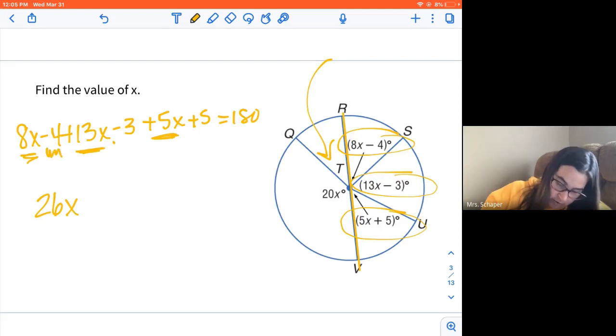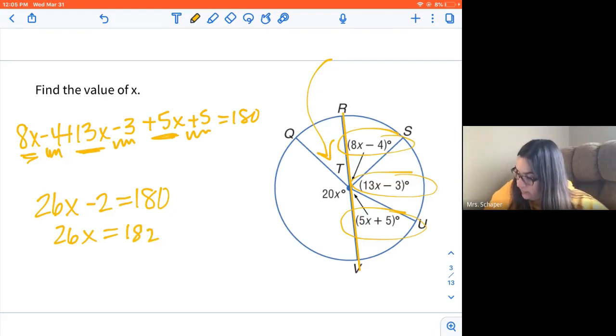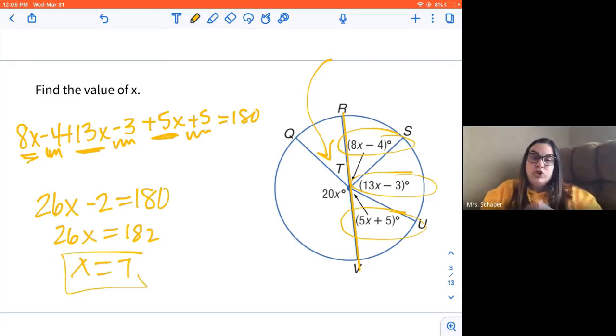Then negative 4 minus 3 is negative 7, plus 5 is negative 2, equals 180. So 26x equals 182. Then I'll take 182 divided by 26, and so x equals 7.